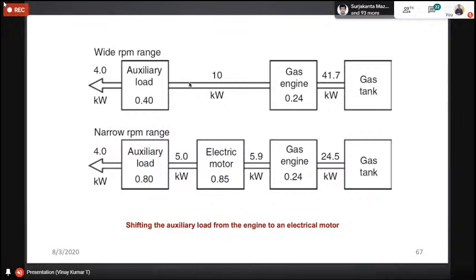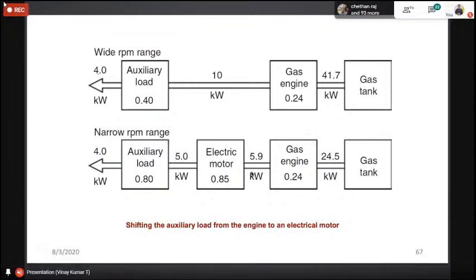Then you will get 4 kilowatt power with respect to the wheel shaft. So this 4 kilowatt is sufficient to drive the wheels for a particular required speed.